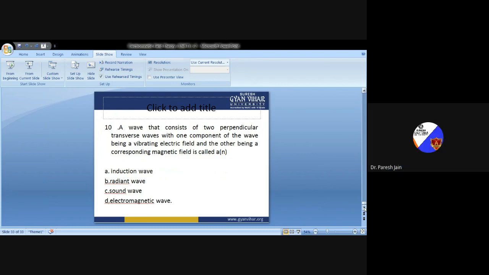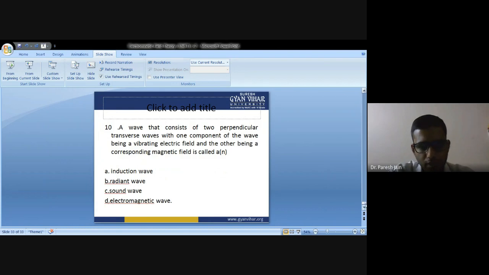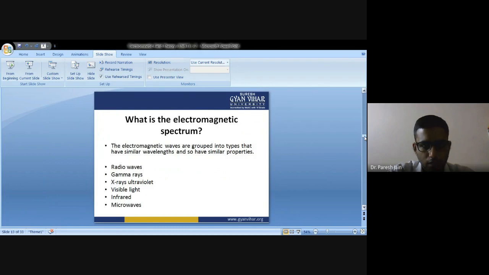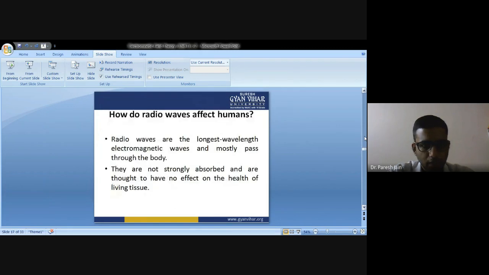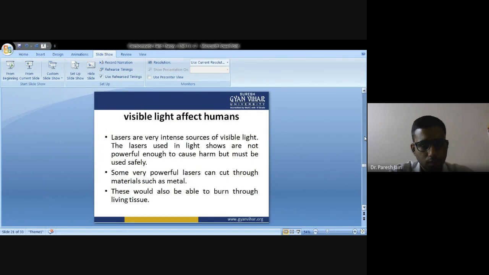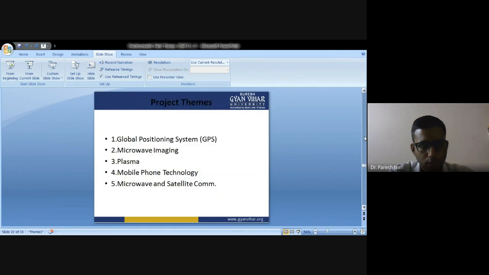So this is all about the frequency spectrum and the applications of electromagnetic waves. Today we have discussed the applications of electromagnetic waves, the frequency spectrum, and the effect of EM waves on our body, and also discussed the project themes.